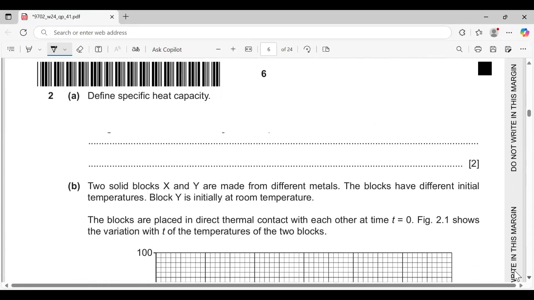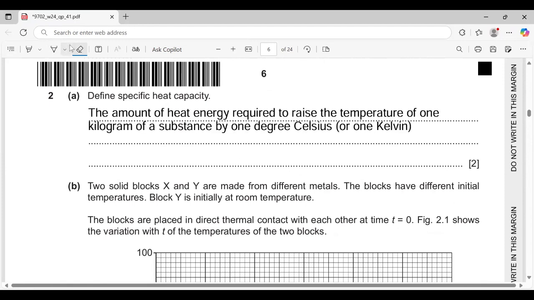Number 2, define specific heat capacity. I have provided my answer for this question. Let's continue. The solid blocks X and Y are made from different metals. The blocks have different initial temperatures. Block Y is initially at room temperature. The blocks are placed in direct thermal contact with each other at time t equals 0.